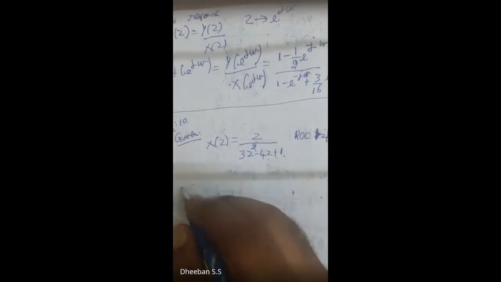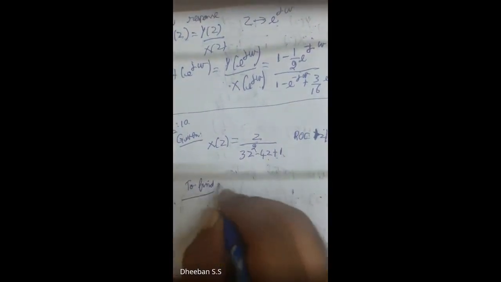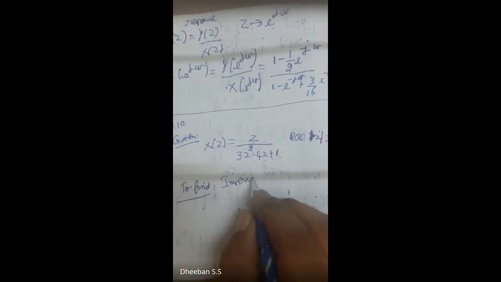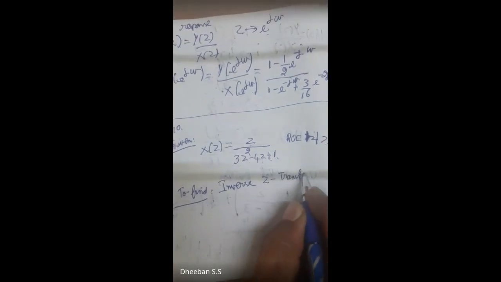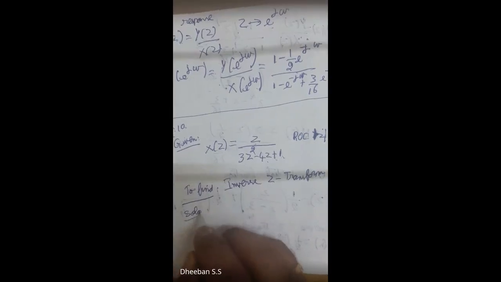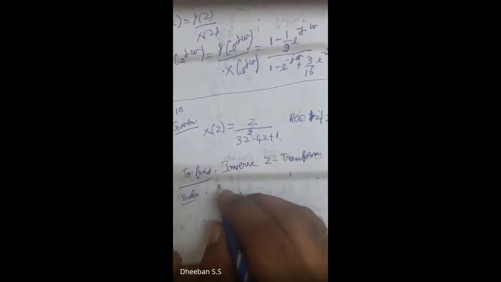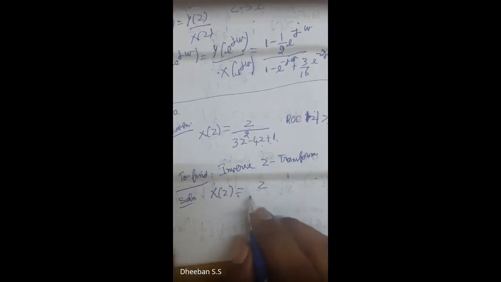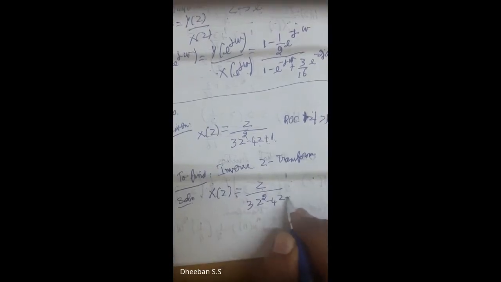So to find the inverse Z transform, the solution: write the signal X of z equal to z by 3z square minus 4z plus 1.